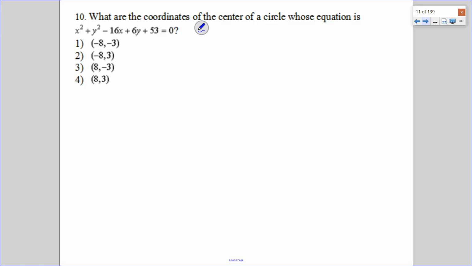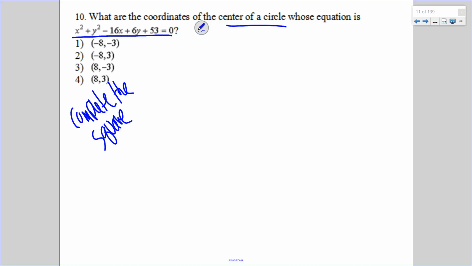Your spark: center of a circle. Equation. I need this in center radius form. In order to do that, I need to complete the square. I got to do it twice. I got to do it for x, and I got to do it for y.